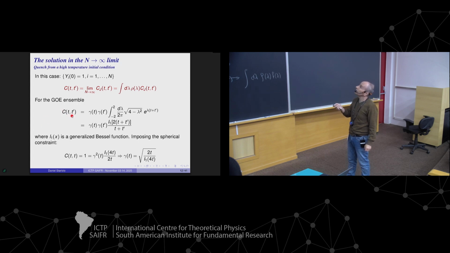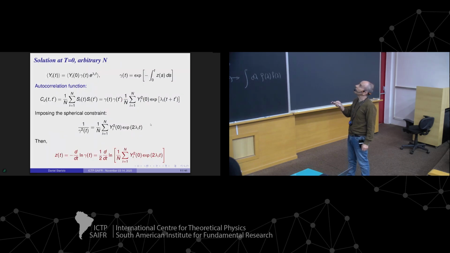Okay, we can go on, come back to the expression that we already obtained for the 2 times autocorrelations. Here in the n going to infinity limit, we will have this integral of the exponential of lambda t plus t prime times the density of eigenvalues. Remember, this was the expression of the 2 times autocorrelation function for a particular realization of the disordered matrix.